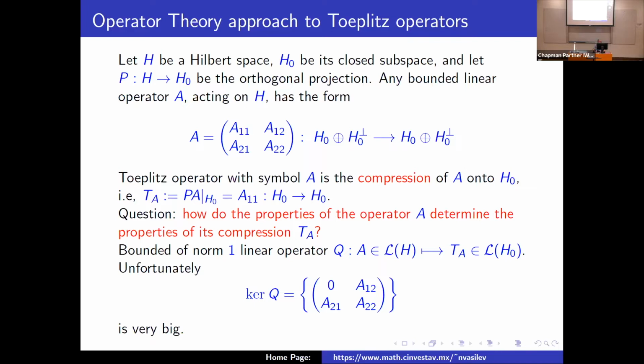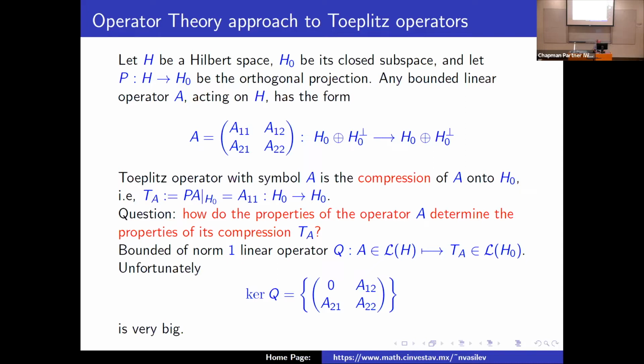Well, we can define a bounded, norm 1 linear operator which sends any bounded linear operator A to its compression. And the bad thing comes here: this operator has a huge kernel.